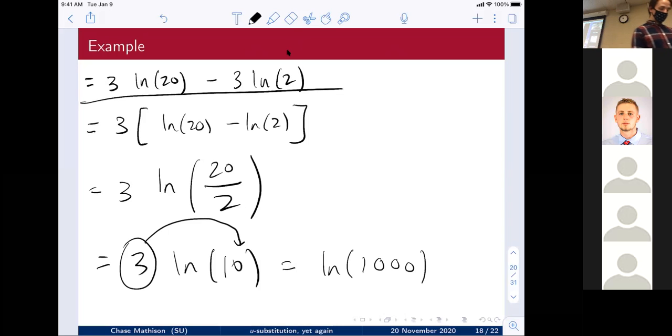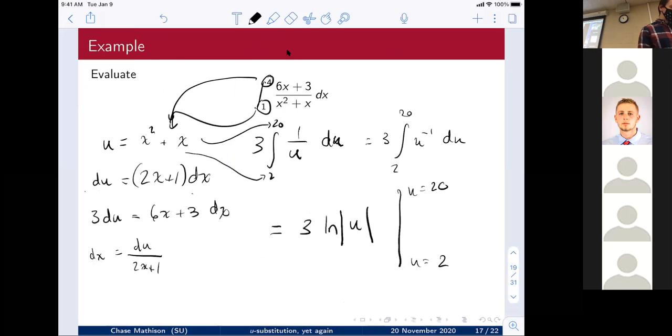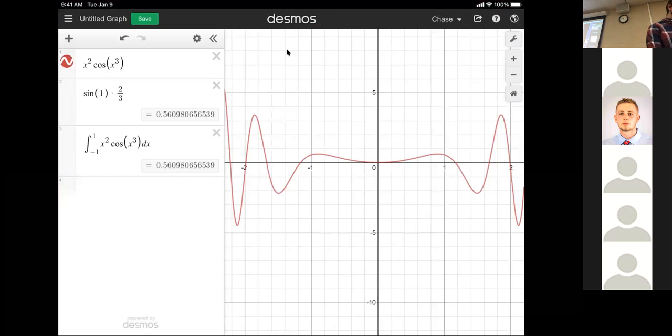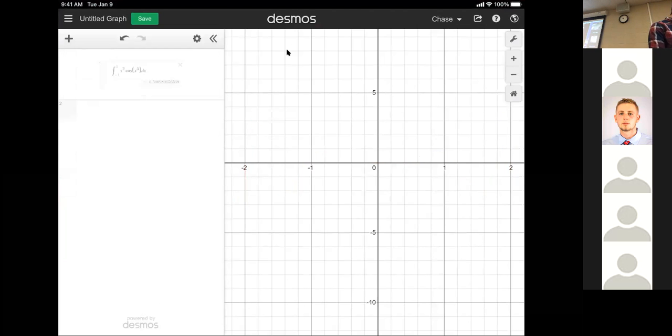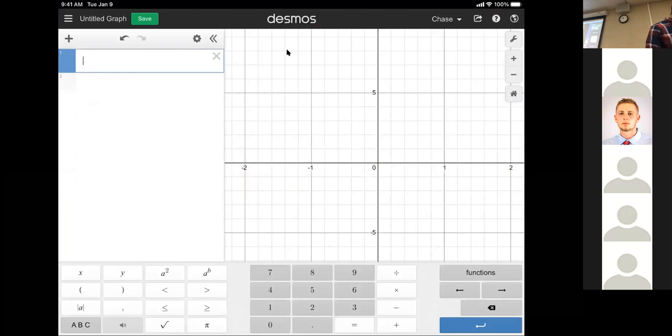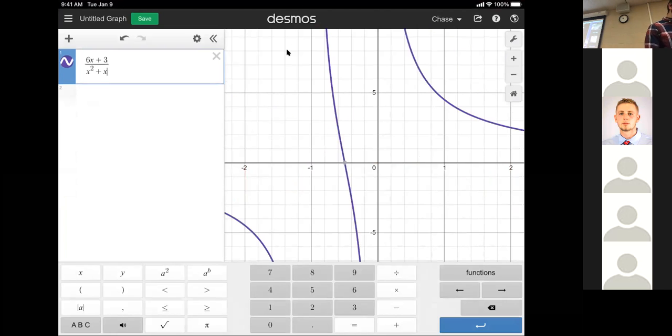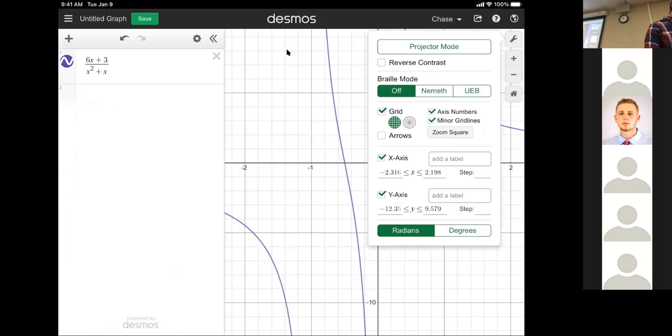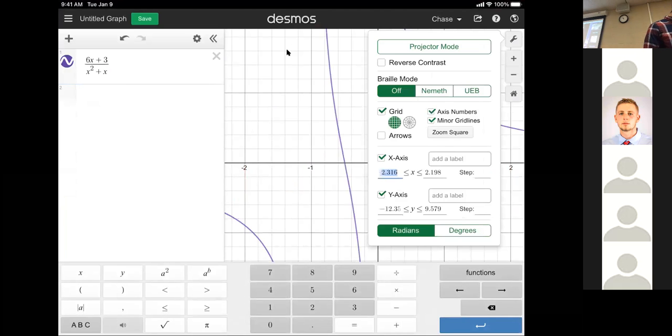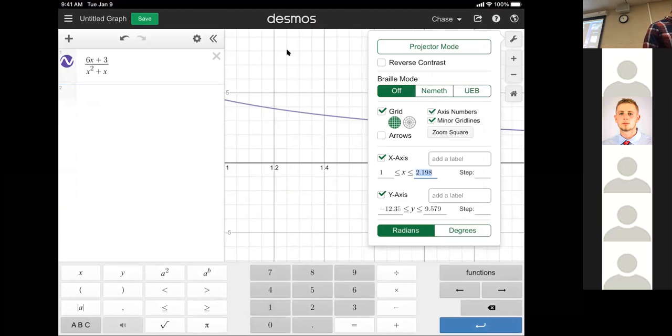That's 6.9. Thank you, Saba. This is about 6.9. Okay. So we can look at the area under 6x plus 3 divided by x squared plus x from x equals 1 to 4.